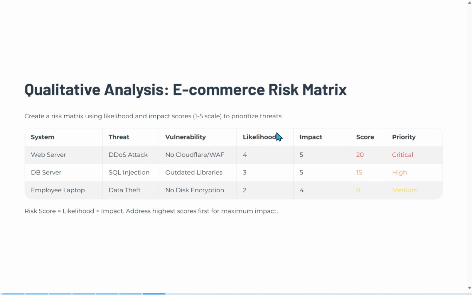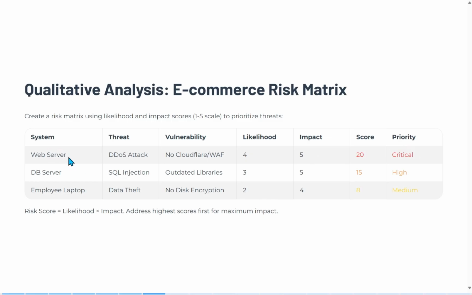The likelihood of this occurring is 4 on the scale, while the impact this will cause to the business is 5, which is very critical, very high. The risk score is 20, which is very high, critical. The priority is critical.